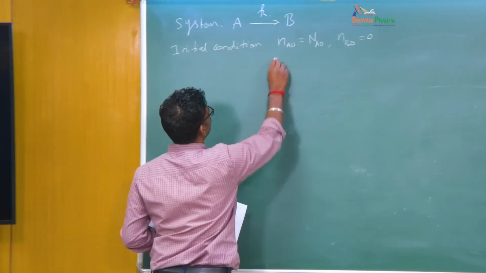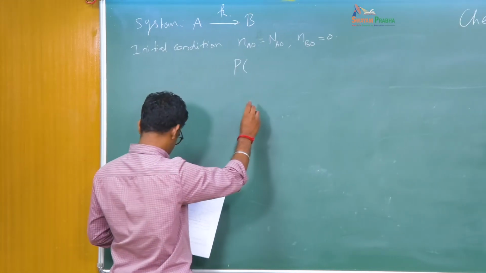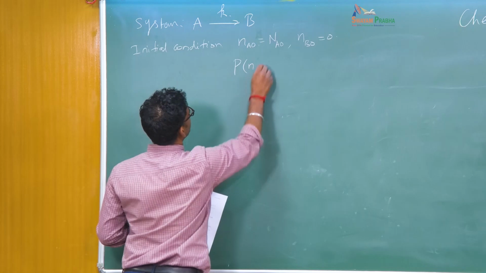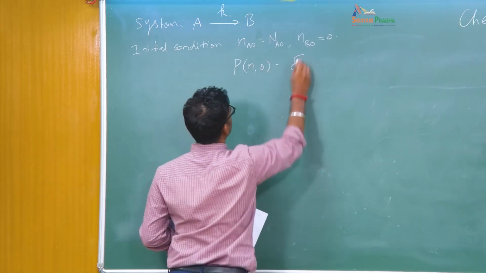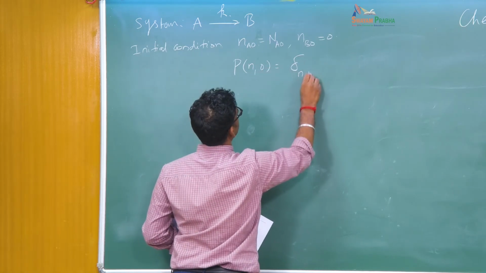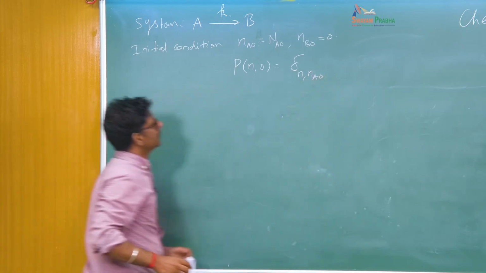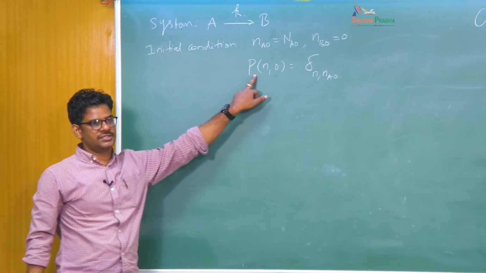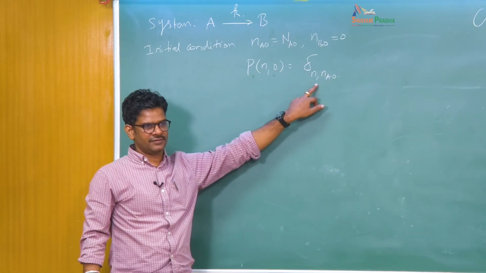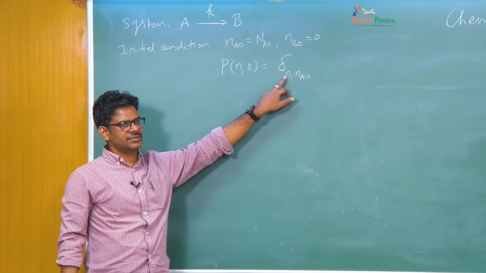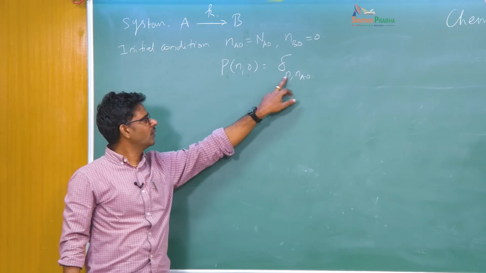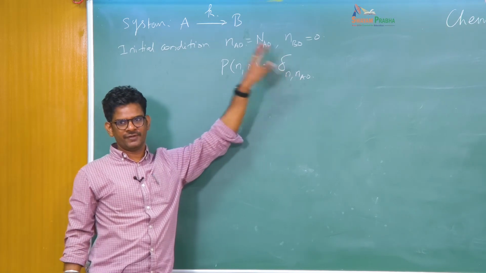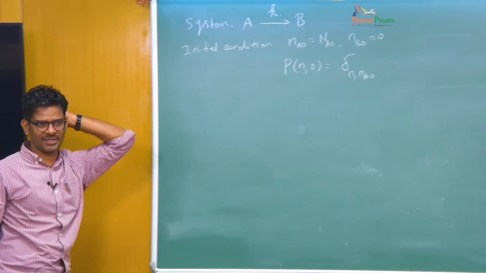In terms of probability, we can write this as P(n, 0) equals delta n, Na0. So at time t equal to 0, this probability is a delta function, defined as 1 only when n equals Na0. This is a way of defining the initial condition as deterministic.